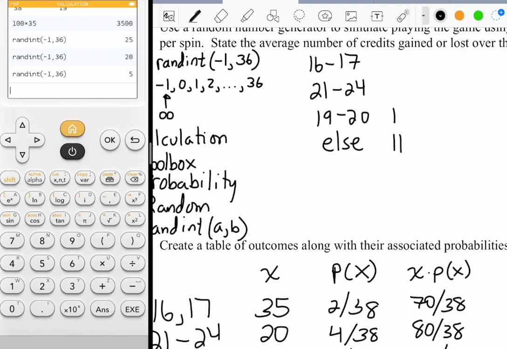5, not good. 30, not good. You should expect a lot of not goods here. 8, not good. 18, just barely not good. 3, not good. 5, not good.